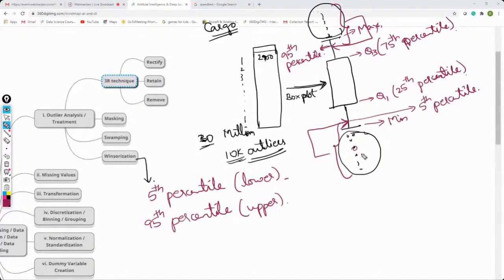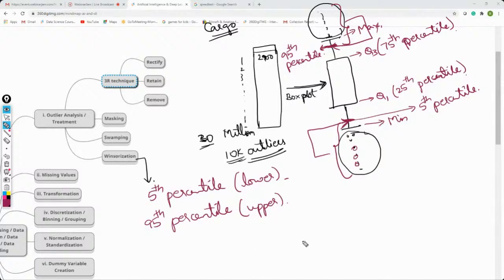A value here, you force it to be this value. A value here, you force it to be here. So you're forcing it, right? This is called Winsorization.